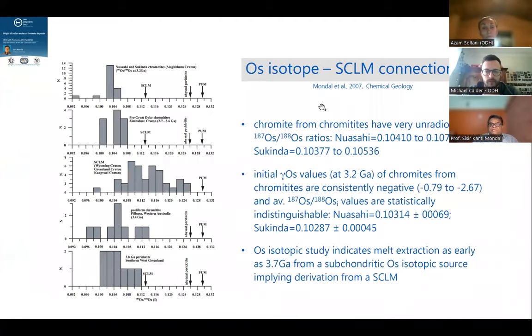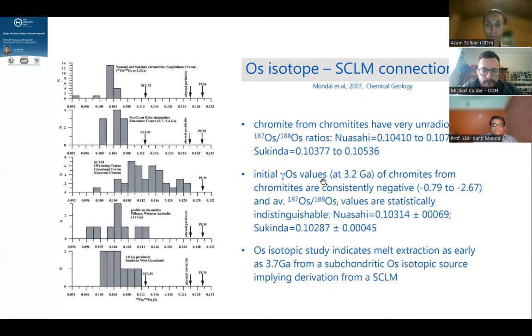We have conducted some osmium isotopic studies of these chromitites from Nuasahi and Sukinda, these primary chromites. And chromites from chromitites have very unradiogenic osmium isotopic ratios. There is no sign of crustal contamination in these chromites.